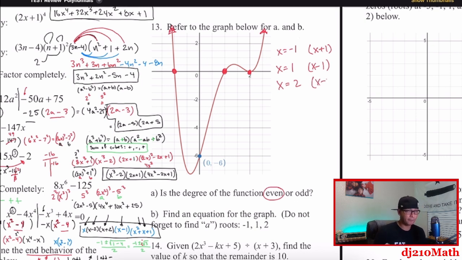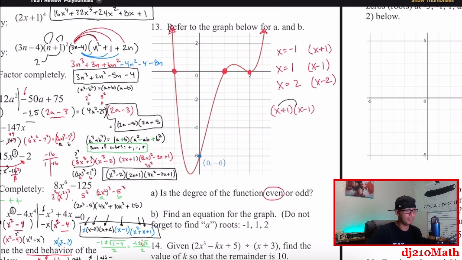Okay, now we can FOIL these out. Or distribute, however you want to look at it. But x times x. Oh, look. Technically, x plus 1, x minus 1. That's a difference of squares going in reverse.